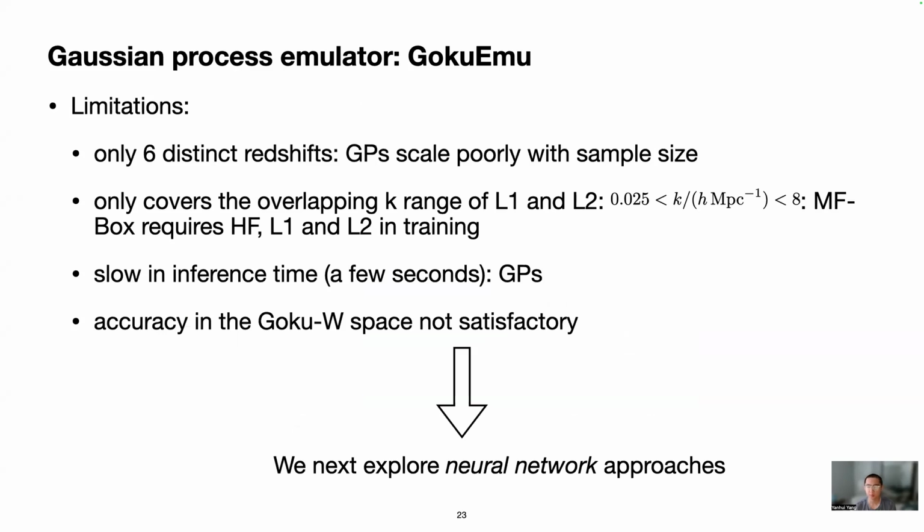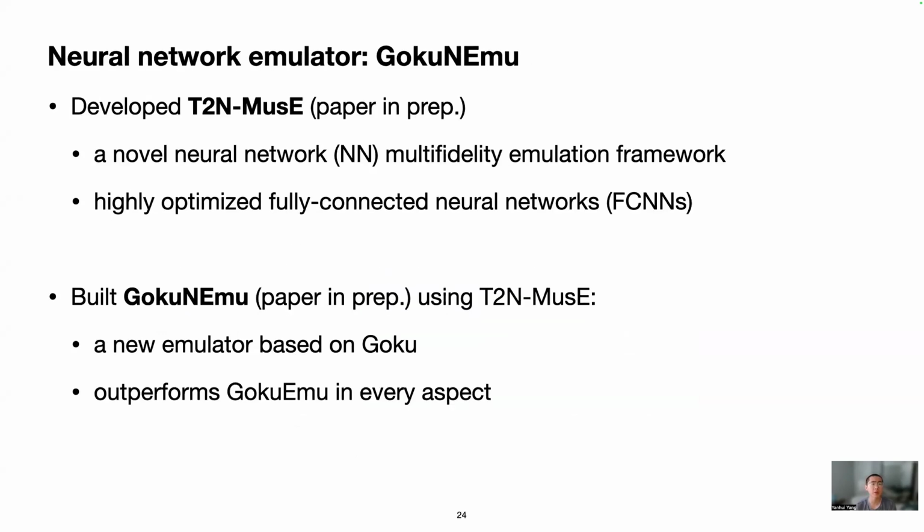We then explore neural network approaches, trying to solve the problems. We have developed the T2Mus, a novel neural network emulation framework for multifidelity emulators. And using this technique, we have built GokuNEmu based on the Goku simulations. It outperforms the previous emulator in every aspect.